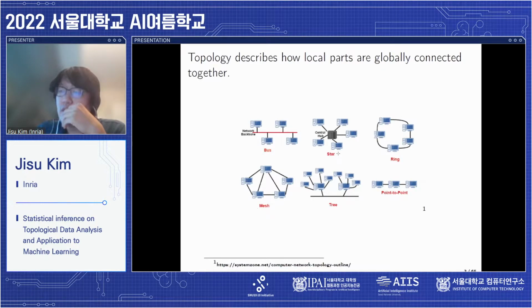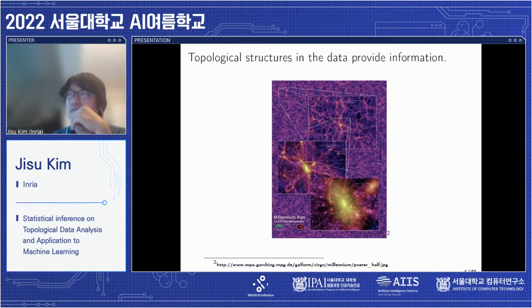And that's also the main idea of the concept of the topology in mathematics as well. And what we are doing with the topology is that the topological structure provides some useful information.